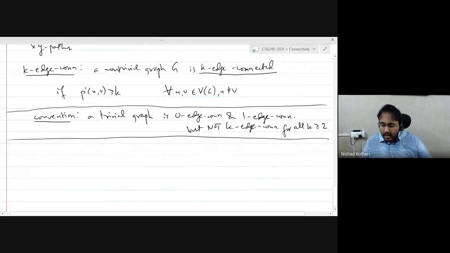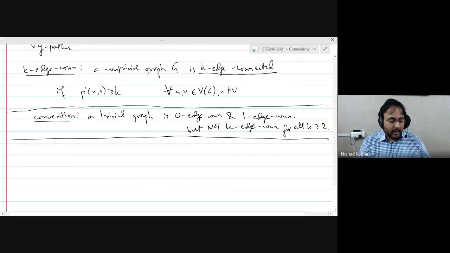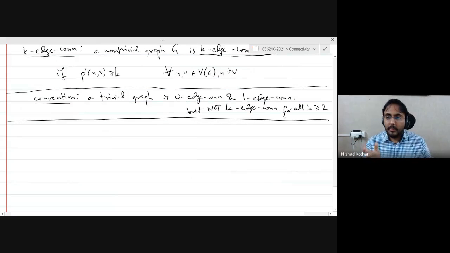Okay, and now we can define the edge connectivity of a graph, which is basically the minimum over all pairs where you look at the p prime uv for each pair. Right? So, or another way to put it is the maximum value of k for which the graph is k edge connected.